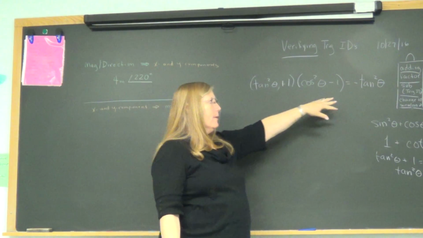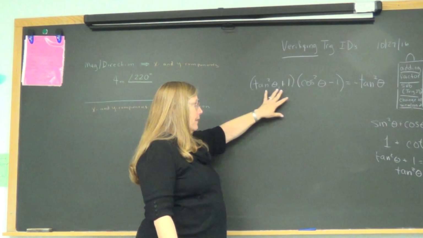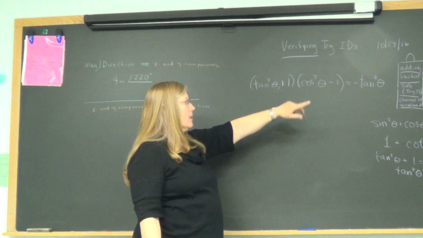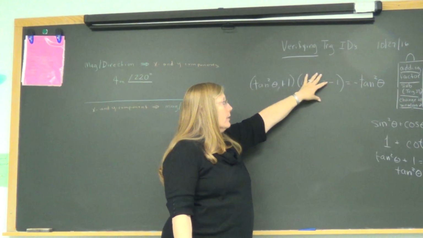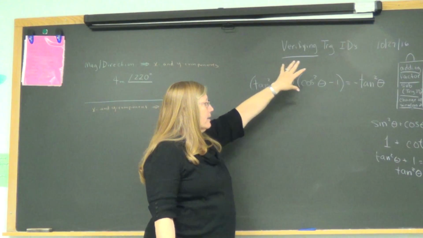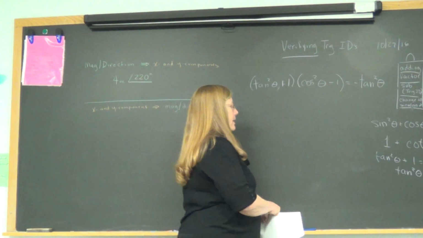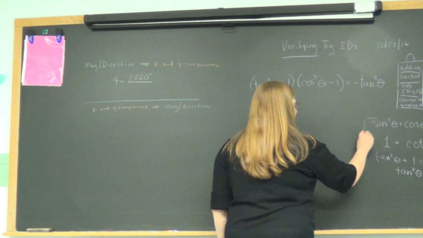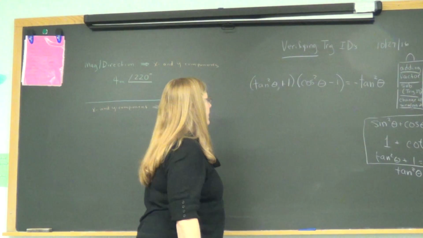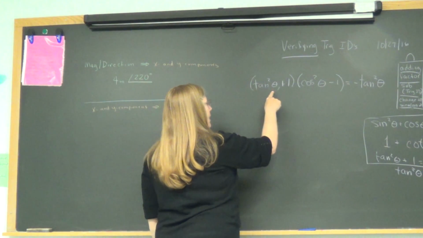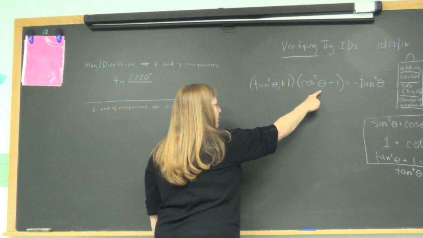Then you're going to keep an eye on the prize, and you're going to make some sort of either addition, factoring, substitution, or change to sine and cosine. So looking at these two expressions, I would look at this list of the trig IDs and their various forms, and see if you can make a substitution here and a substitution here.